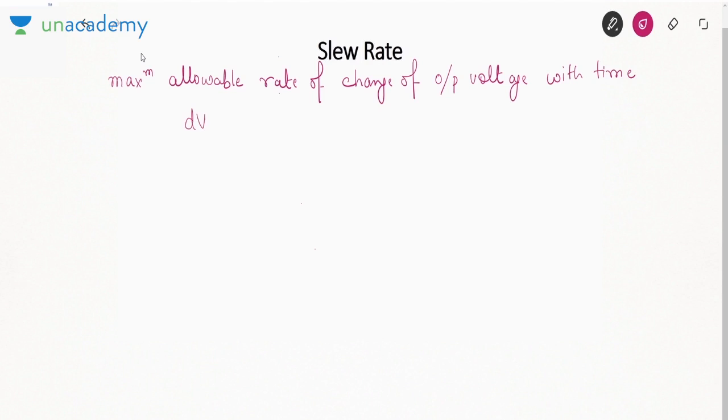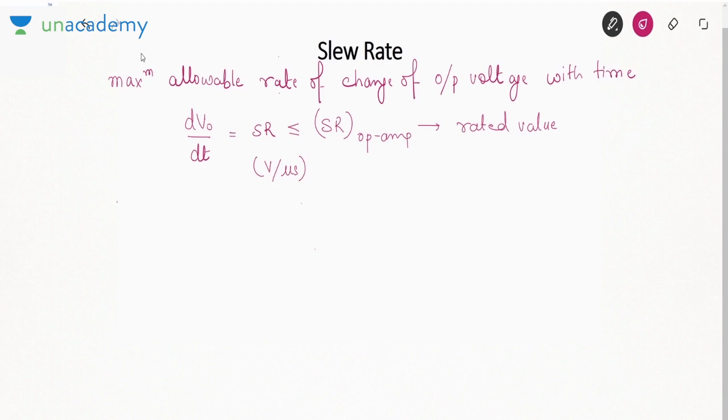So we say that dV0 by dt is called the slew rate. It must always be less than the slew rate of Opamp. This is the rated value that is given with Opamp. What is the unit of this slew rate? It is volt per microsecond.